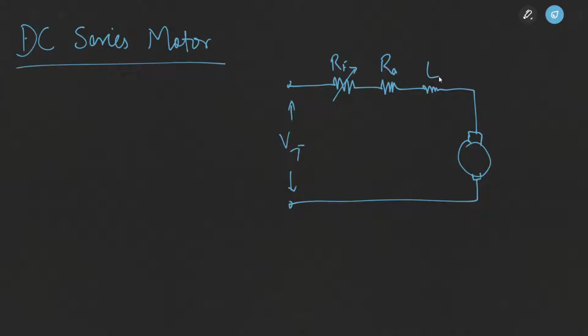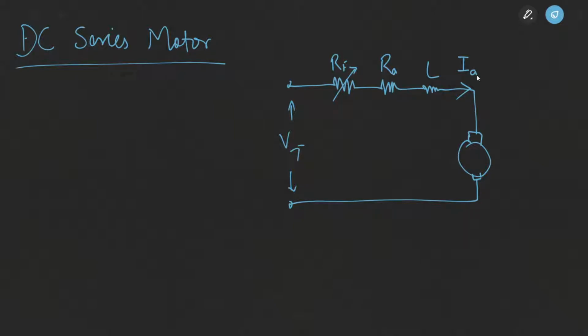As we have been seeing, the inductance basically is ignored in a DC motor because as steady state is achieved in the system, DC current will be flowing through the system and the inductor will be shorted out.